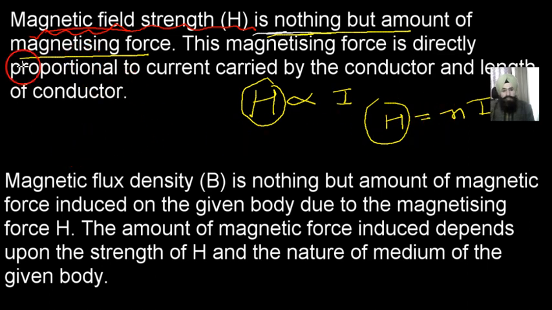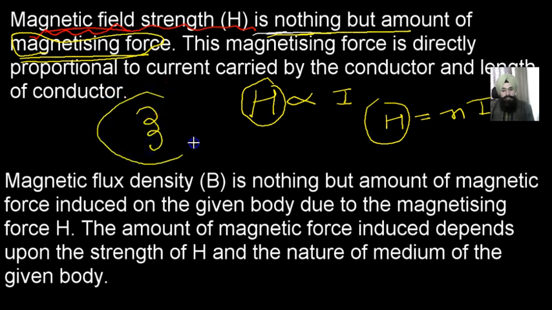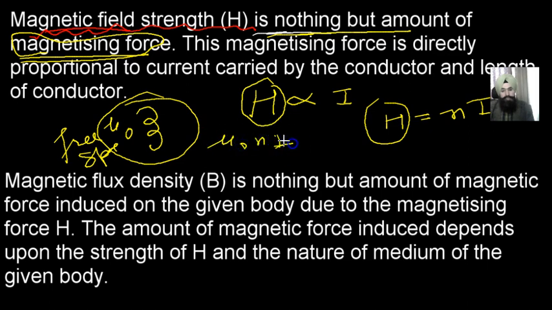It tries to magnetize even the free space, because when mu naught is attached with the Ni, that becomes B. So this field in the space surrounding the coil, or within the coil, is having B, not the H. H is magnetizing force.